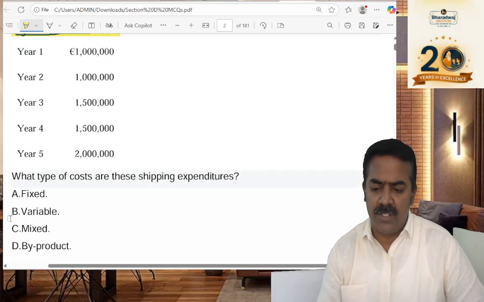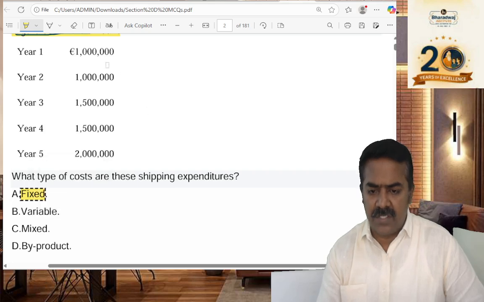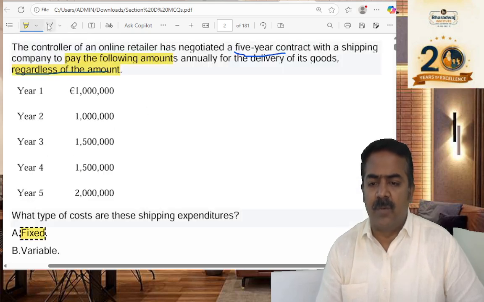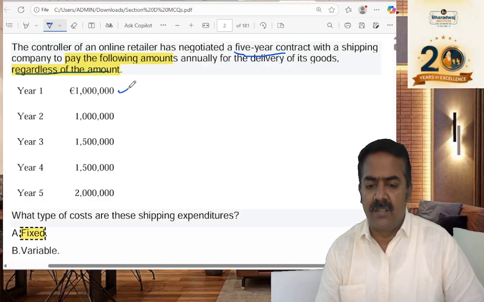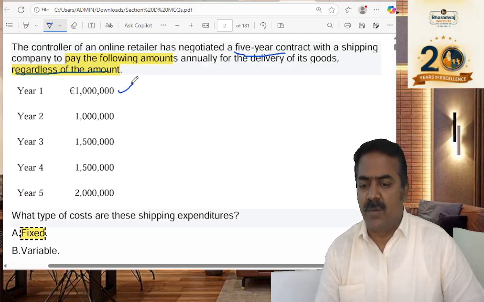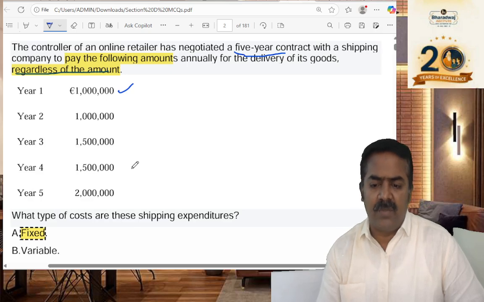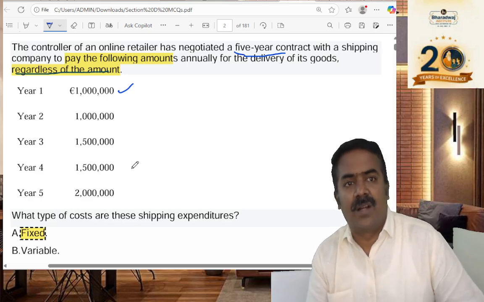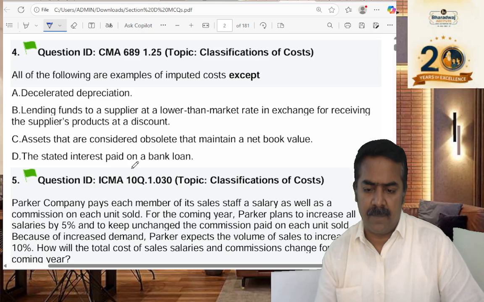So it's more like which cost? Fixed cost. First year, whatever may be the delivery, you have to pay what? 0 delivery or 50,000 deliveries, you have to pay what? 1 lakh only. Same thing. Year wise, the cost is increasing, but not what? Output wise. So it's a fixed cost.